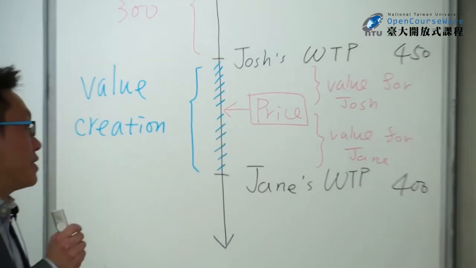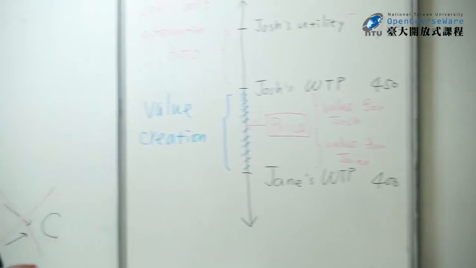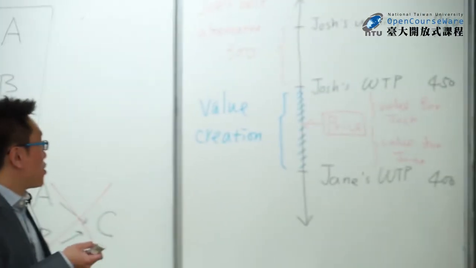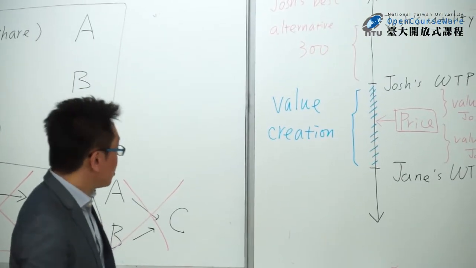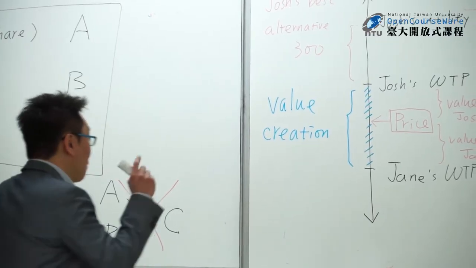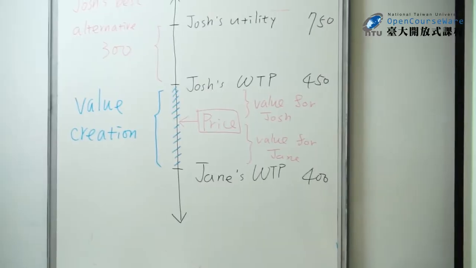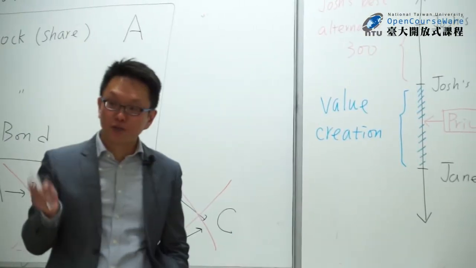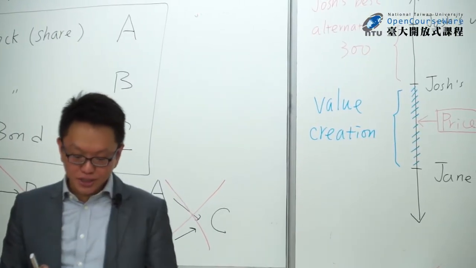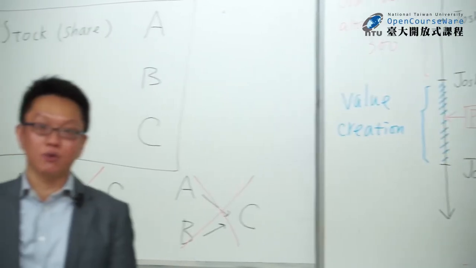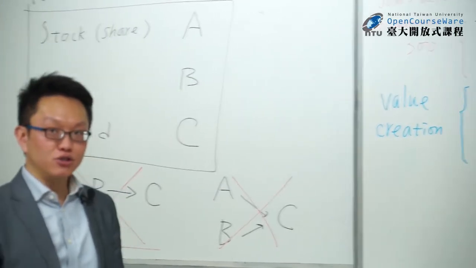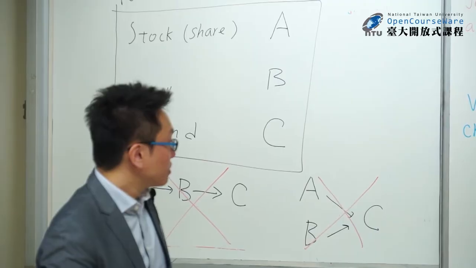If he stays in his house, which he values at 300, so I put the 300 here. I will explain to you later. So if Josh does not buy a house from Jen, Josh will get the utility of using his current house with $300 value.